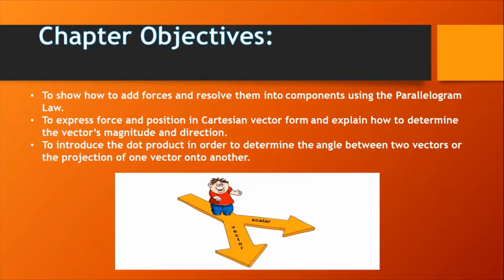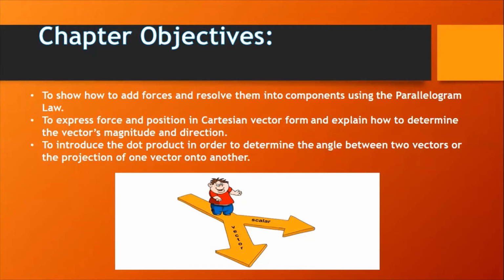First, in this chapter, we will see how to add forces and how we can resolve the forces into their components using the parallelogram law. Then we will express forces in 2D and 3D. Then we will express forces and position in Cartesian vector form, and explain how to determine the vector's magnitude and direction.